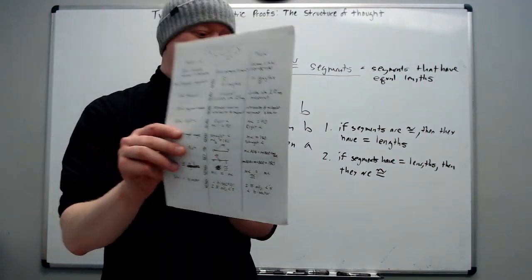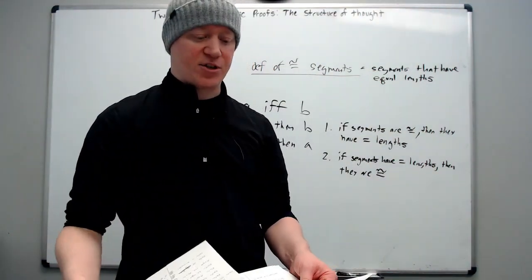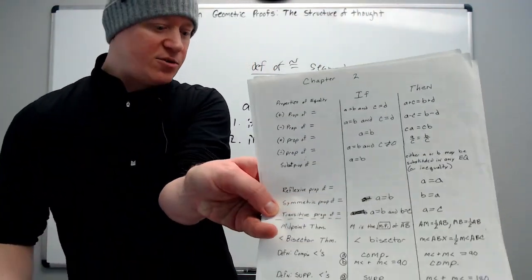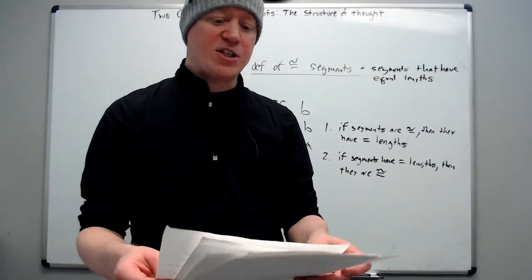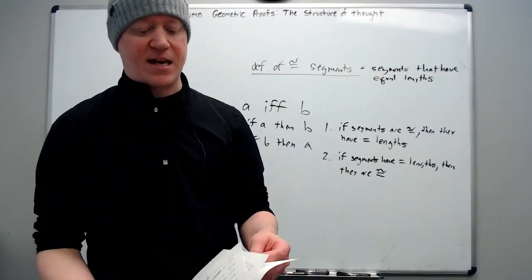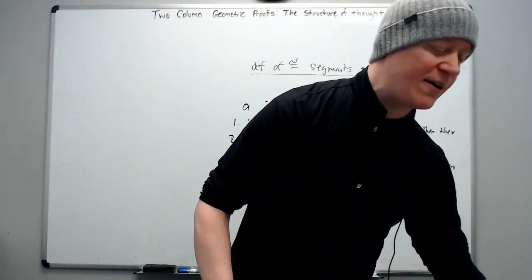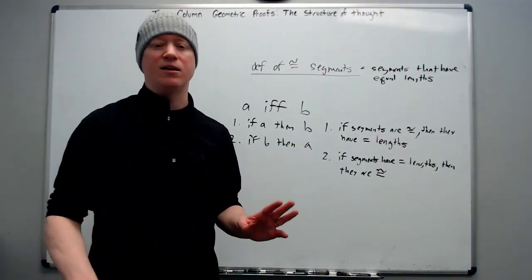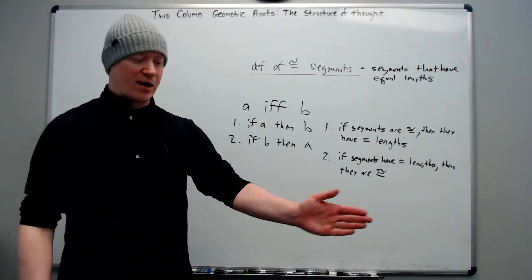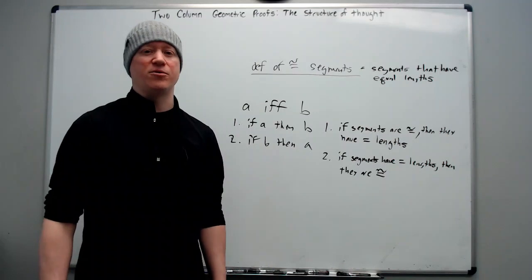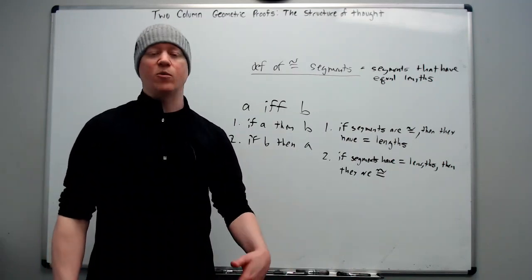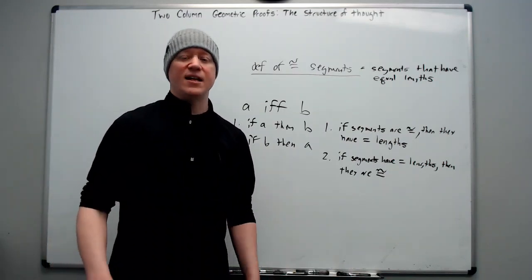And so you'll do this. I did it for the first 3 chapters of the book. So chapter 2 is here, and you just make a list of all of these if-then properties, theorems, from definitions, theorems, and postulates. All of them, put it on there. Keep a running tabulation as you go through the book, and you're going to refer to it whenever you have a proof. Let's look at a proof now.